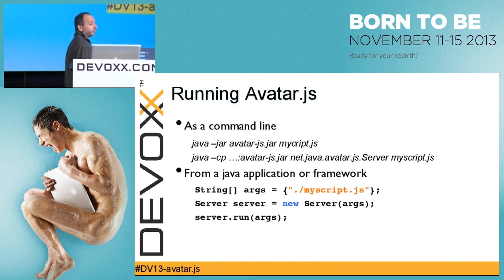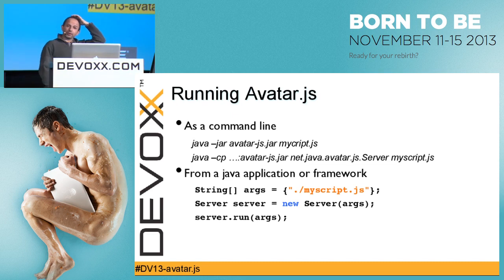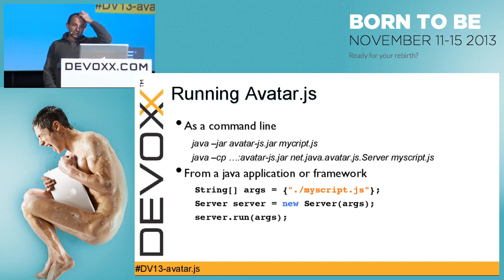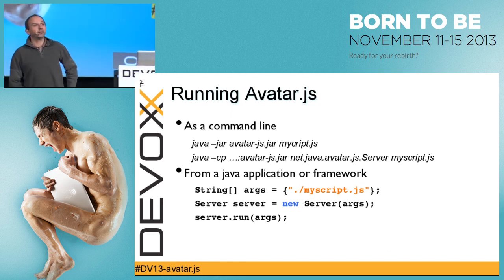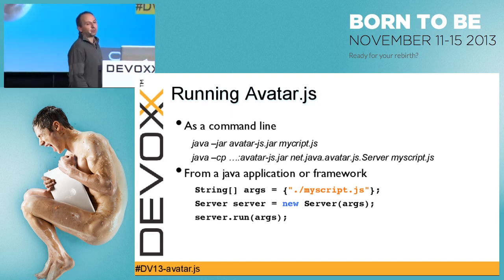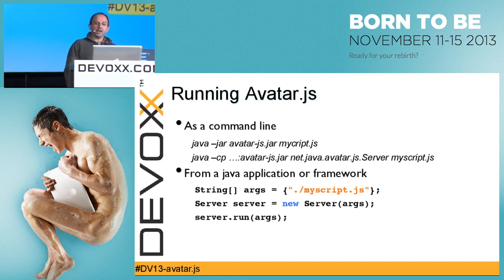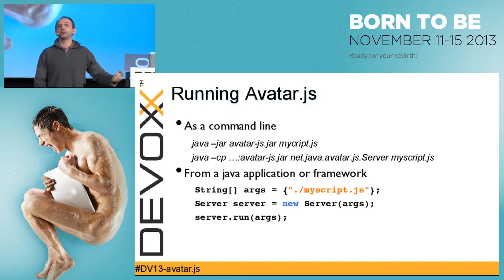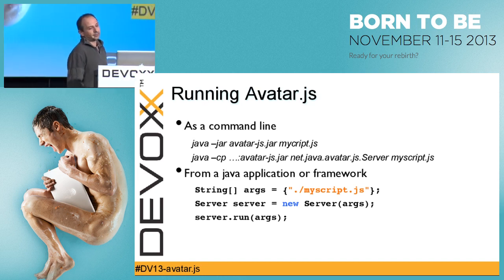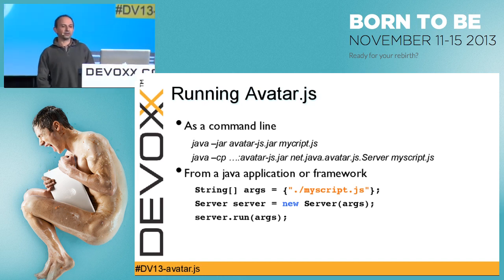So how do you run an application on top of Avatar.js? You have two ways. A command line way, providing your main script, the application entry point. If you have some Java classes you want to reference from your script, obviously extend the system class path with your own classes and use the main runnable class of Avatar.js.